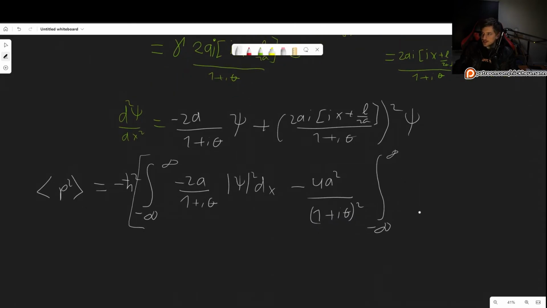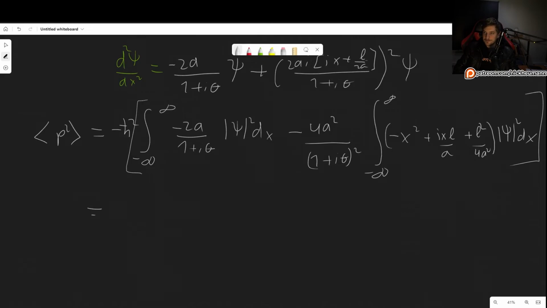And here, let's see, we have this parentheses squared, which gives us minus x squared plus ixL divided by a plus L squared divided by 4a squared. And this multiplied by psi conjugate psi, which is the probability density squared. Okay.